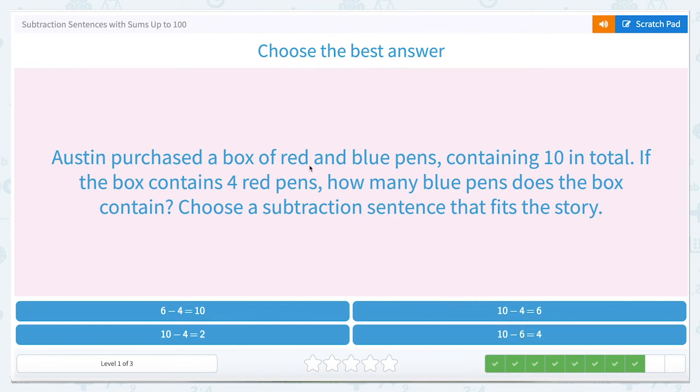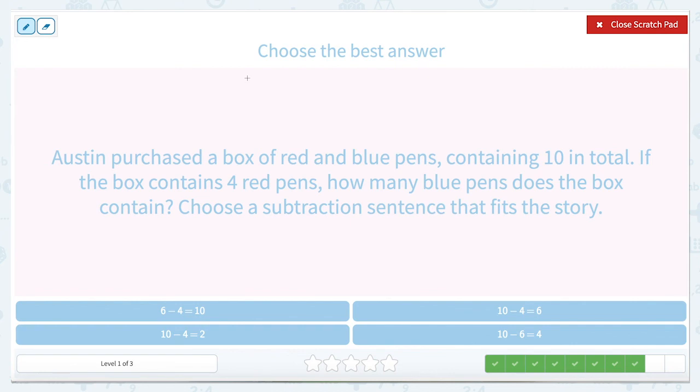Austin purchased a box of red and blue pens containing 10 in total. If the box contains 4 red pens, how many blue pens does the box contain? So let's draw our tape diagram. And let's say here there are 10 total pens.